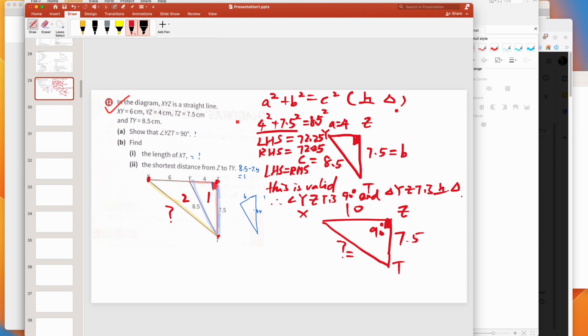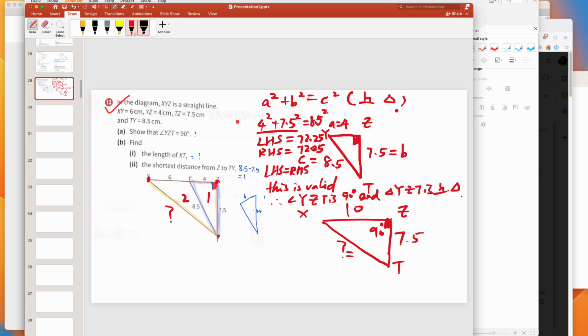I want you to follow this step. That's how you use Pythagoras theorem. What's the formula for Pythagoras theorem? a squared plus b squared equals to c squared. So what's so special about c? c is the longer side.